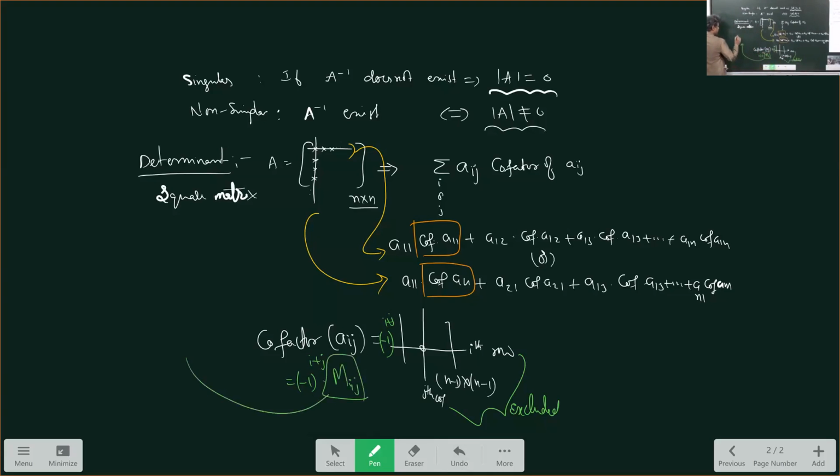Mij stands for the minor of Aij. So Mij multiplied by minus 1 to the power of i plus j is the cofactor of Aij. Then what is the minor of Aij? The minor of Aij is the determinant of the leftover n minus 1 cross n minus 1 matrix after deleting the ith row and jth column. So this is how we evaluate the cofactor.